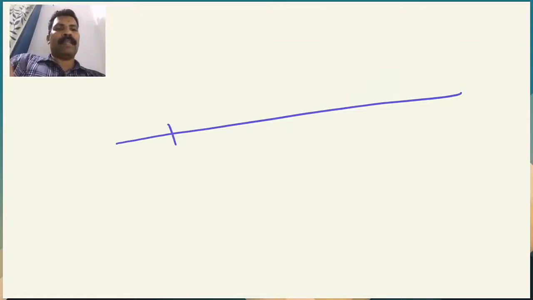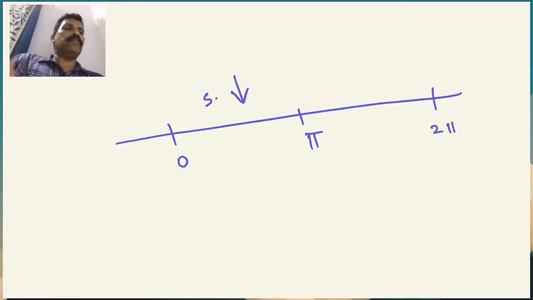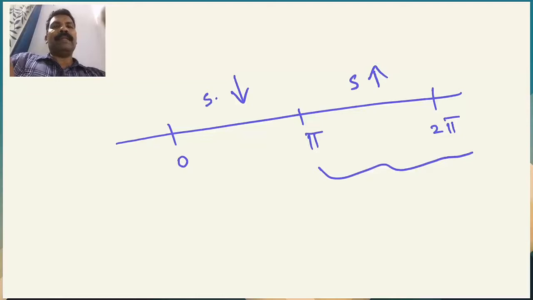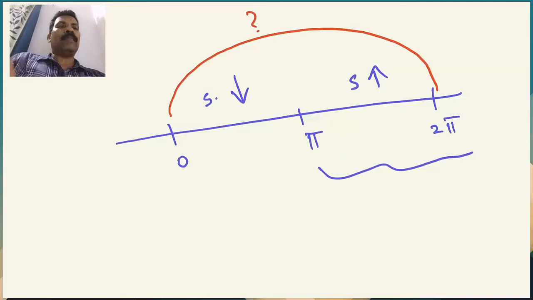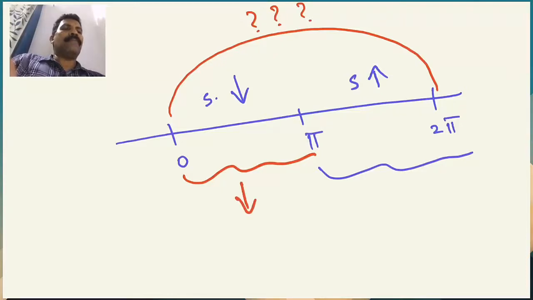Thus, we have seen that for the interval 0 to pi, the function was strictly decreasing, and for the interval pi to 2 pi, it is strictly increasing. Then, if we consider the total interval from 0 to 2 pi, what about the nature of the function? From 0 to pi, you can see it is of decreasing nature, and from pi to 2 pi it is of increasing nature.